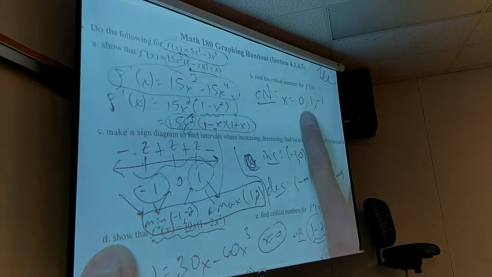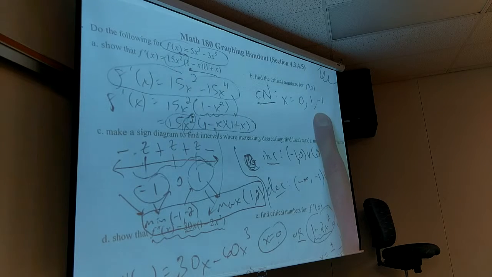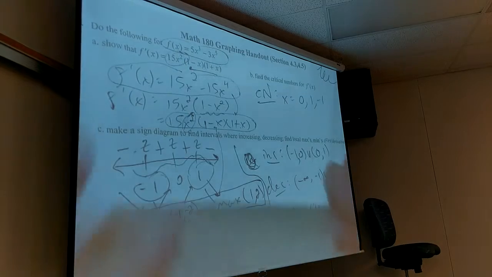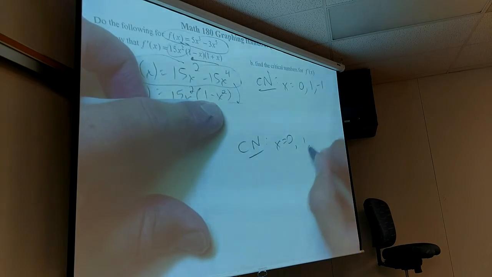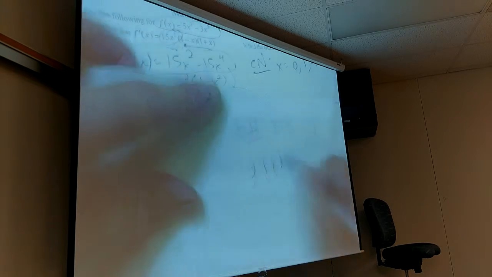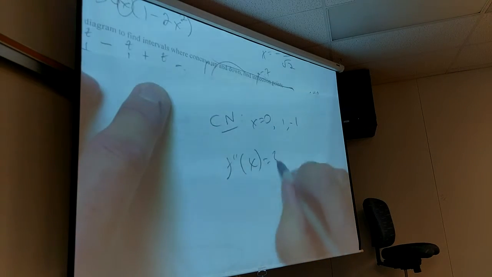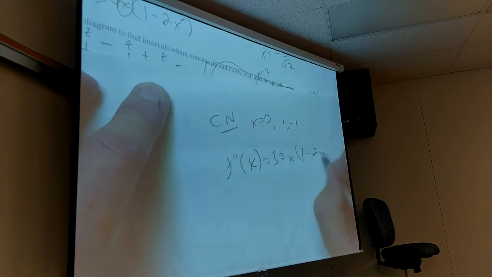Let's reanalyze it. Stay with me now. Let me write down what we need from this. I know that the critical numbers were 0, 1, negative 1. I know the second derivative was 30x times 1 minus 2x squared.